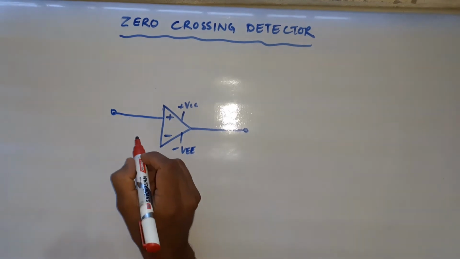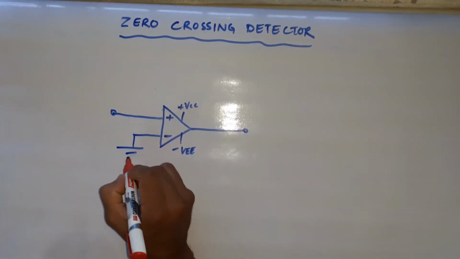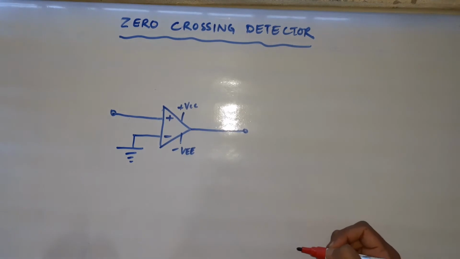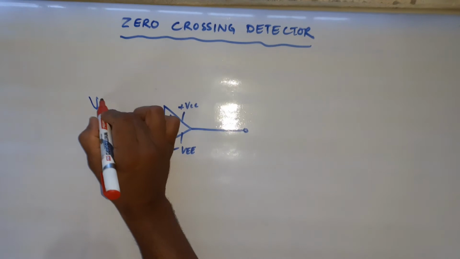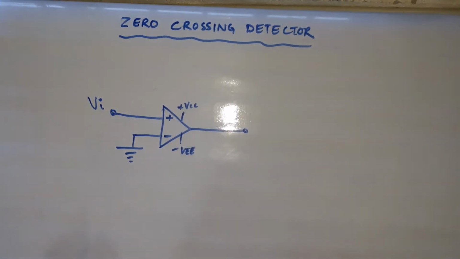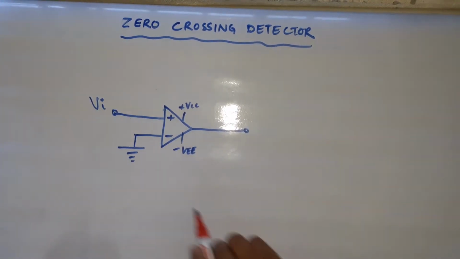These are the two terminals, right? What I will do is ground the inverting terminal, and let me apply Vin, the input voltage, at the non-inverting terminal.